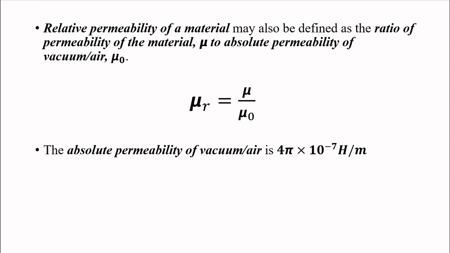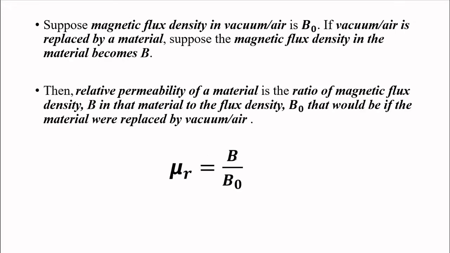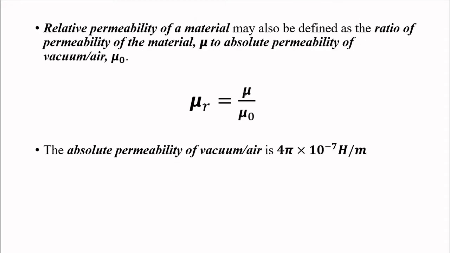So there are two ways in which we can express permeability. First, in terms of magnetic flux density, which is the magnetic flux density of that material divided by the magnetic flux density of free space, vacuum or air. That is the first way. Second way is in terms of permeability, which is the permeability of that specific material divided by the absolute permeability.